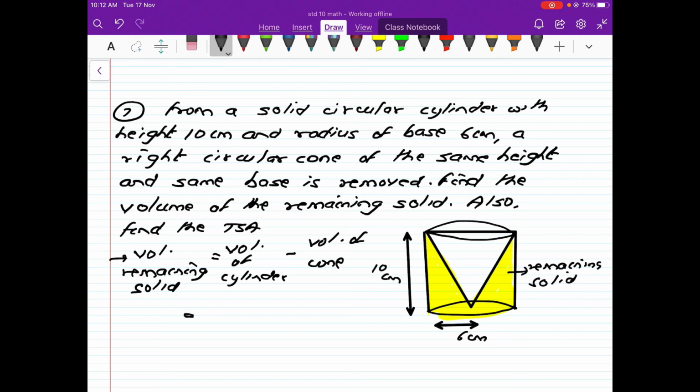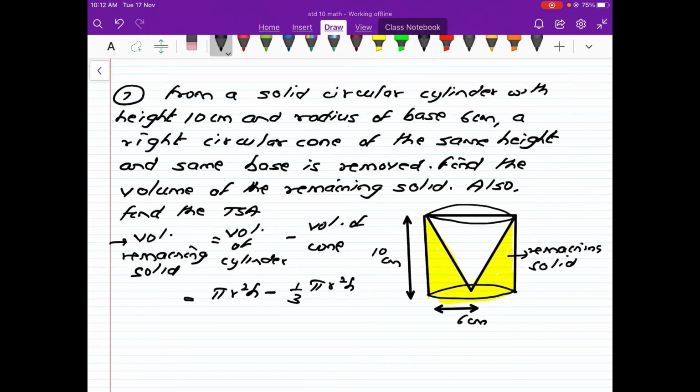So what is volume of the cylinder? It is pi r square h minus what is the volume of the cone? It is 1/3 pi r square h. So what we have to do here is we'll take pi r square as common.